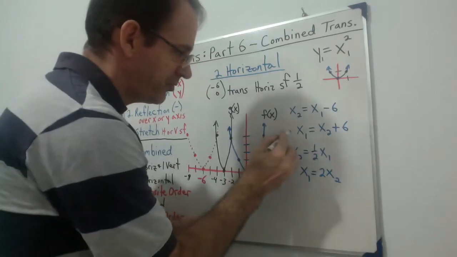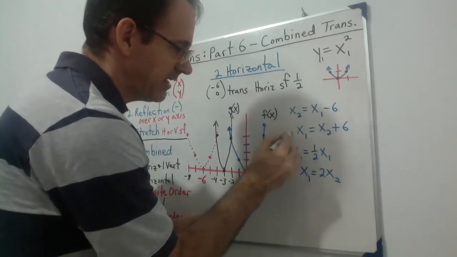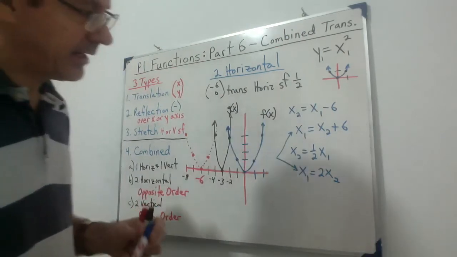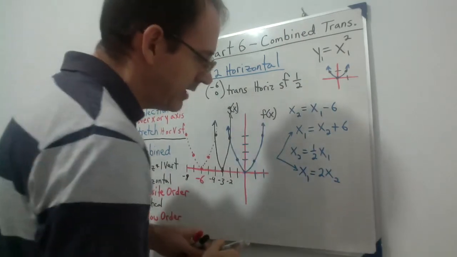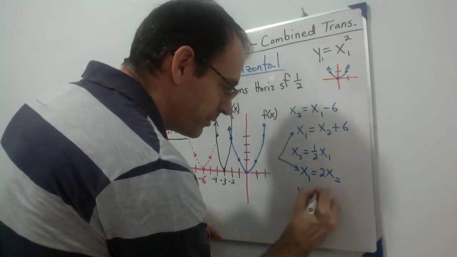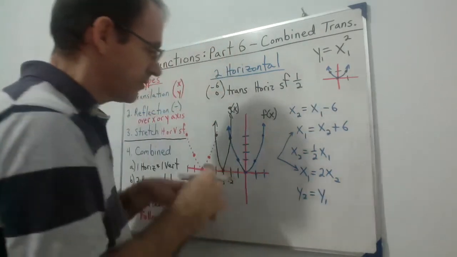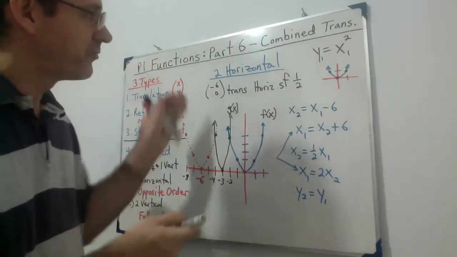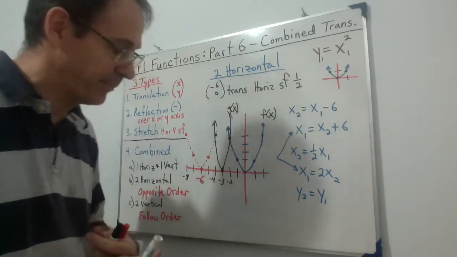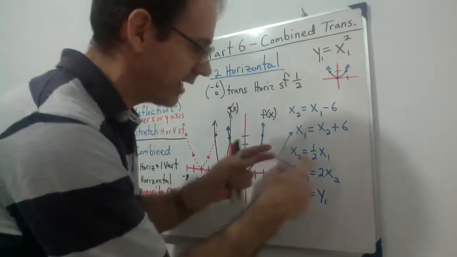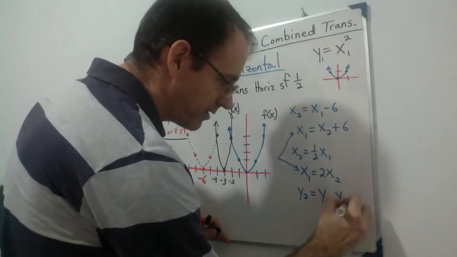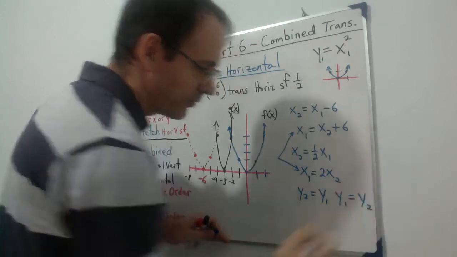So these two actually need to go together. They're both horizontal transformations. And then the y2 just simply equals y1. There's no vertical transformation happening, so we can just directly substitute y2 equals y1, or if you want it the other way, y1 equals y2.